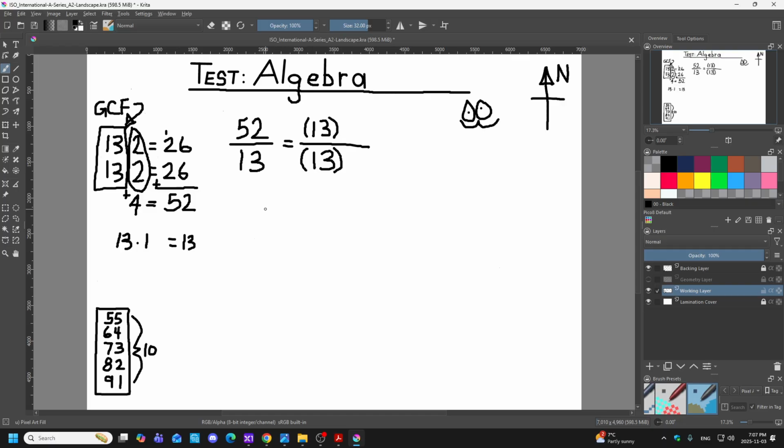All right, let's continue. So now we ask ourselves, what times 13 gives us 13? Well, that's 1. What times 13 gives us 52? Well, we figured that out: 13 times 4 equals 52.